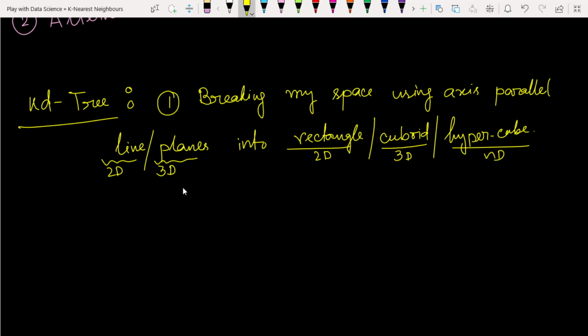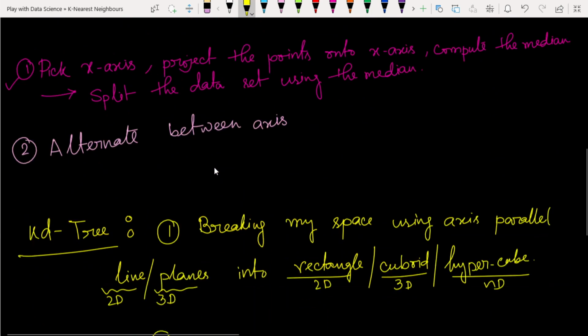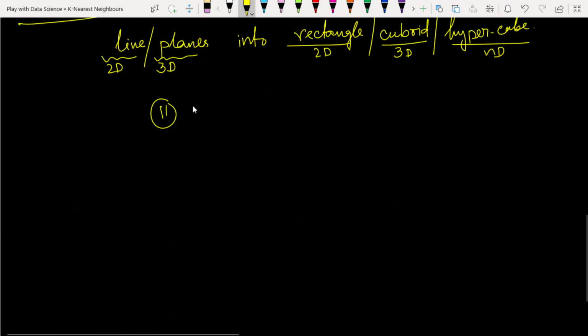So we are doing this job and going through each axis one after another. In the second step, we alternate the axes, going through each axis one after the other.